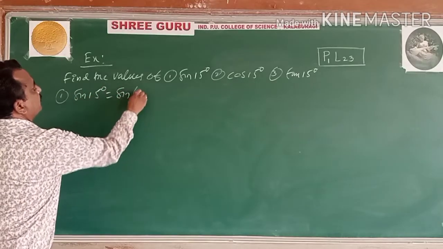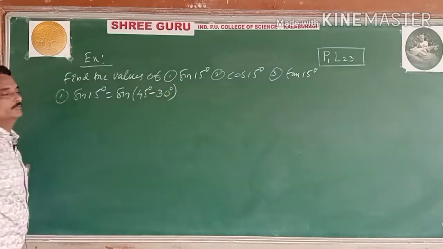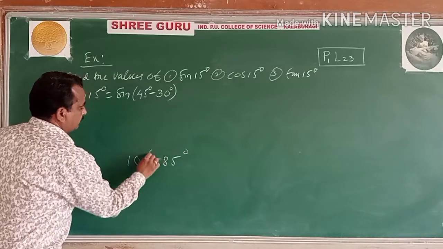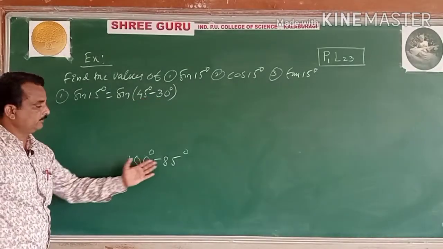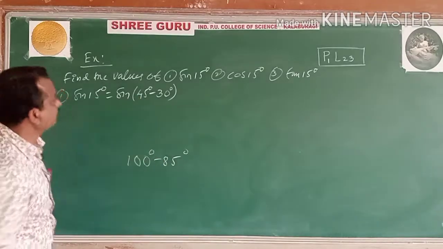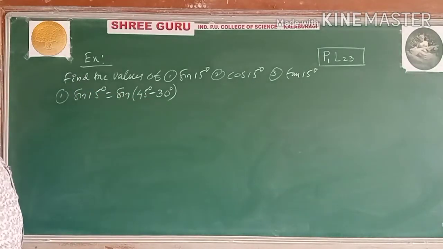See the students, shall I write sin 15 as 45 minus 30? Don't write 100 minus 85. It is also possible to write, but you should take in terms of standard angles, known angles. 15 is equal to 45 minus 30 degrees.